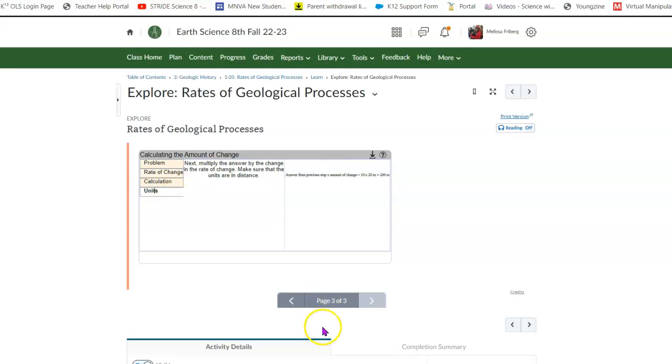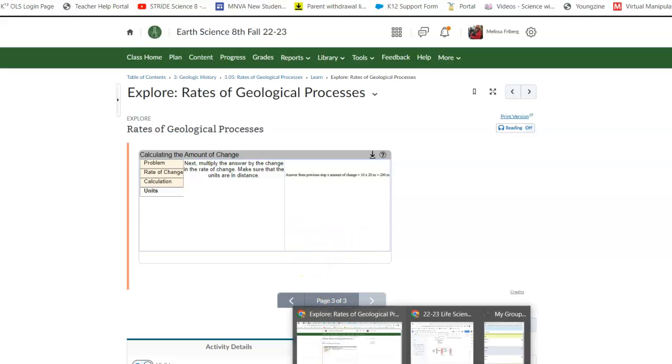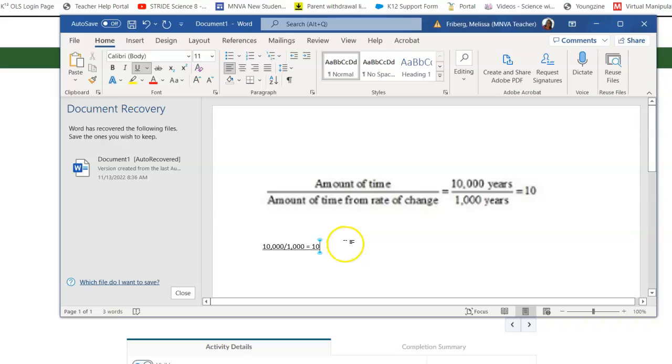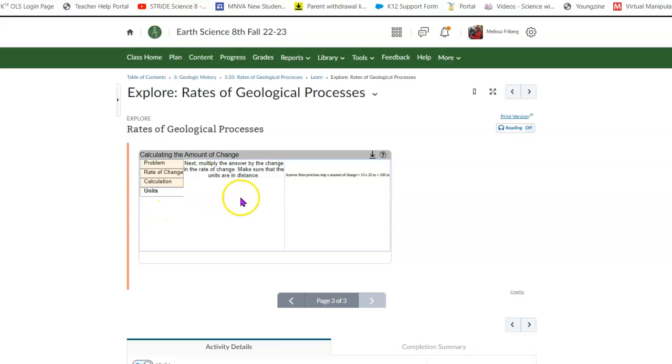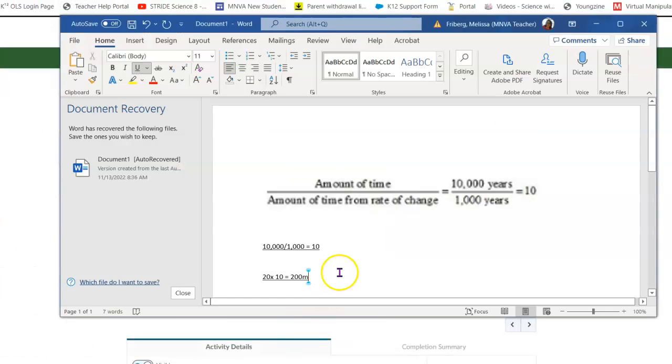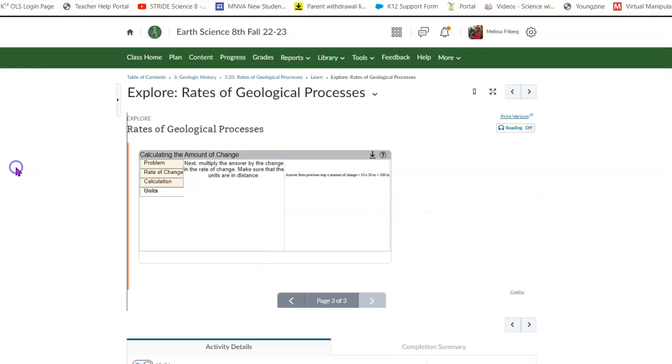So 20 times 10 equals 200. So if we need to calculate the amount of change of sea level in 10,000 years when it's 20 meters per 1,000 years, the answer is 200 meters.